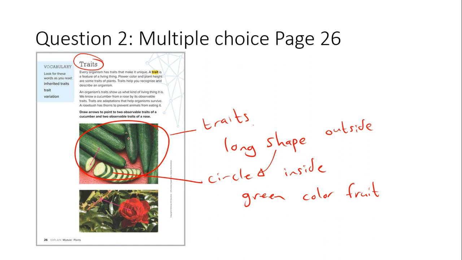So the plant that makes the cucumber makes a green color fruit. And it is a long shape on the outside or a circle shape when you cut it open. This rose has a red color. It has thorns. These are all traits, that they are features that make it unique. That means different, special. Okay, so remember the word trait means feature of a living thing.